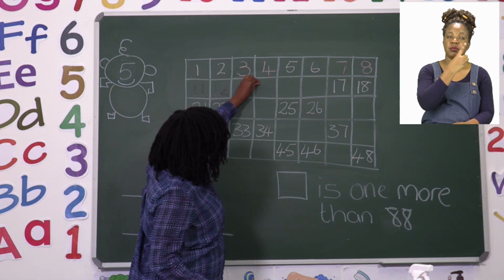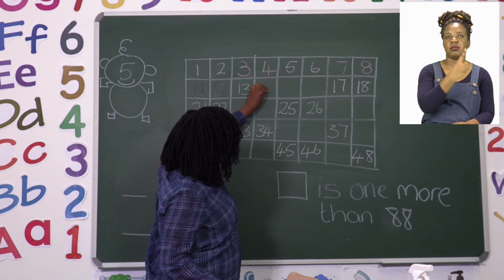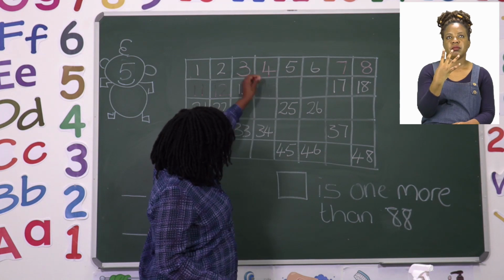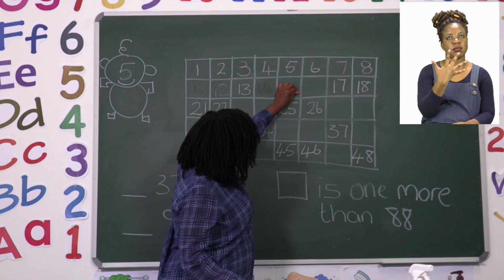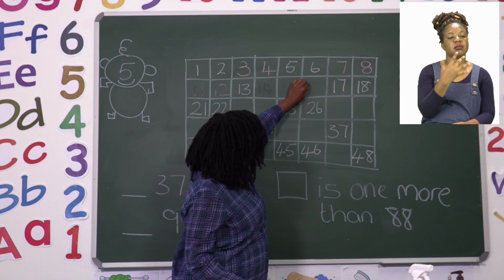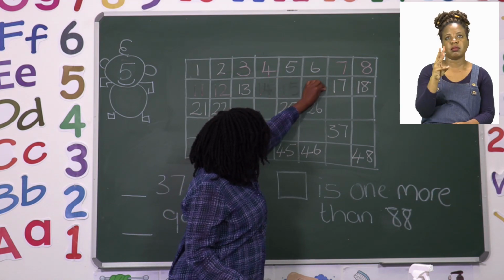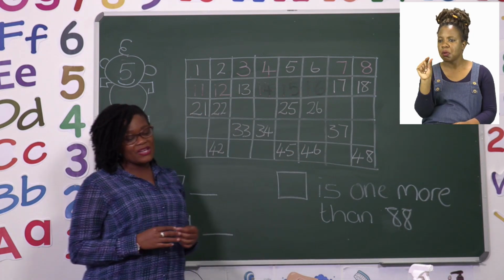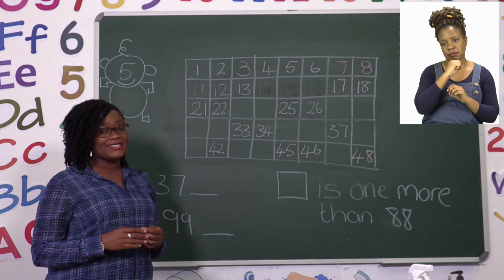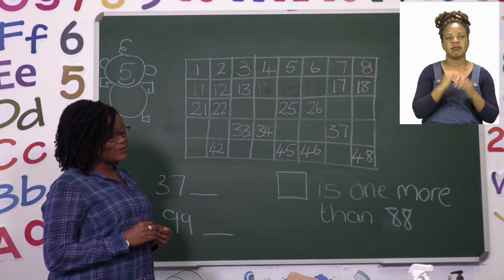The number missing after 13 is 14. After 14, we have 15. And then we have 16. If there are any more numbers missing in that row, you are going to fill them in by yourself. Let's go to the next row.